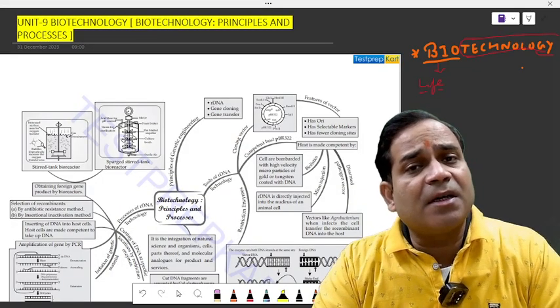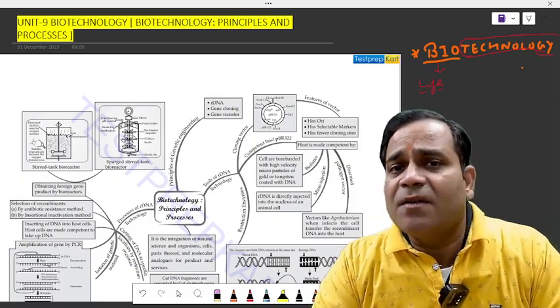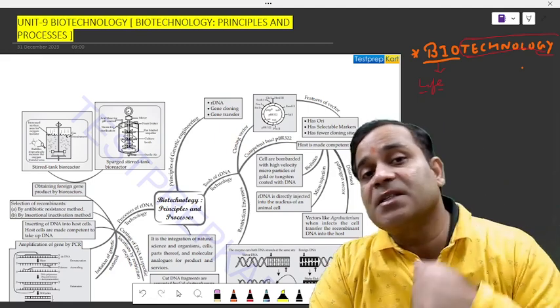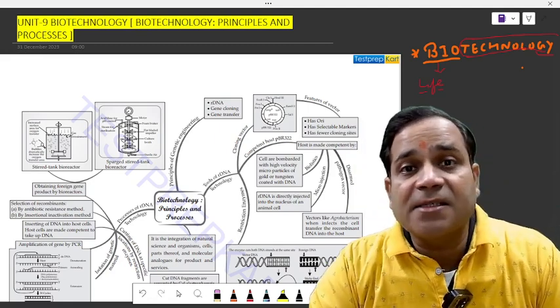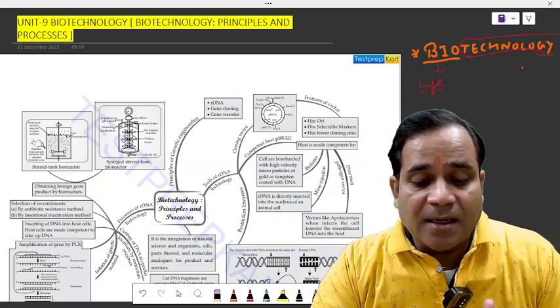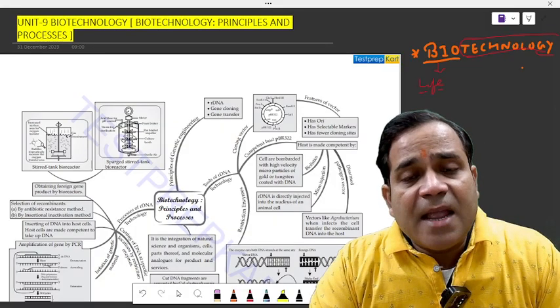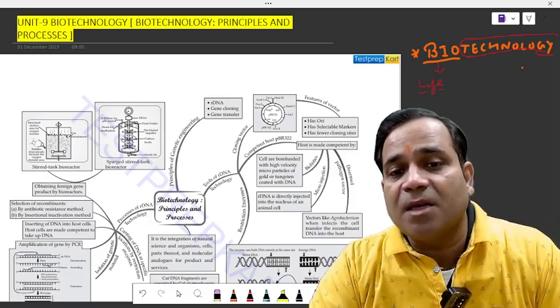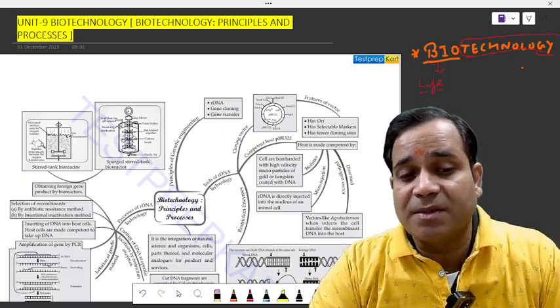We must have a good knowledge of biotechnology, and this technology is applied in various fields: in medicine, in agriculture, and every place where we need to generate something new, biotechnology is used.